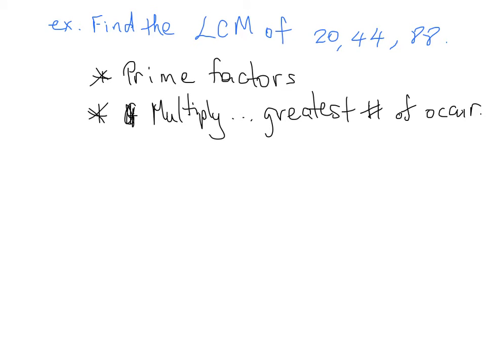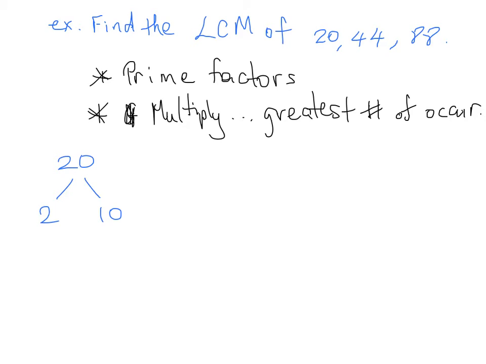All right, how to find the prime factors. Let's start off with 20. In order to find the prime factors of a number, we can use something called a factor tree. We think about what's the lowest factor of 20 other than 1, and that is 2. What multiplies by 2 to get 20? That would be 10.